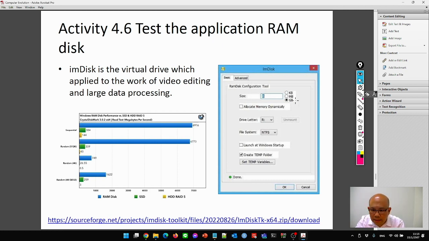You can set the size in kilobytes, megabytes, and gigabytes. When you press OK, this will generate a new RAM disk, and you can read and write by keeping the data on the RAM disk. But when you turn off the computer, the data on the RAM disk is lost.